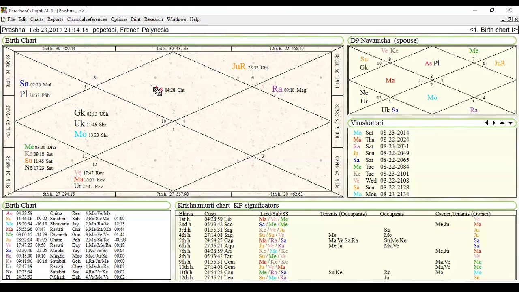Yeah, so it means that when you run that Saturn period, things may begin average or slowly, but then the D9 shows the real fruit of the results. So by the end of that period, you will produce strong, powerful results. Saturn, rather, will produce strong, powerful results for you, depending on the house it sits in that subchart. Okay, so it will give me results in 19 years.